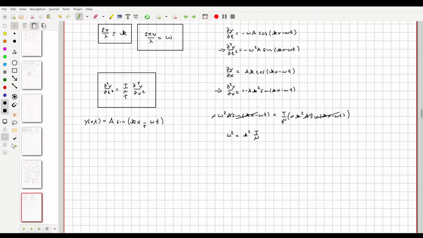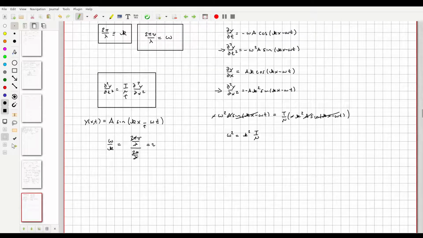Now look. If I divide omega by k, what do I get? Omega is 2 pi v over lambda, and k is 2 pi over lambda. Oh wow, a bunch of cancellations.